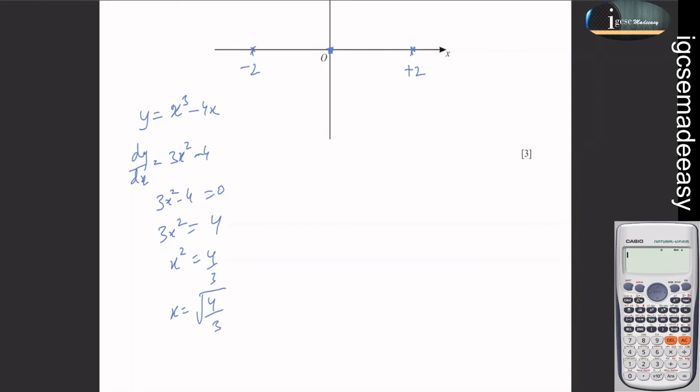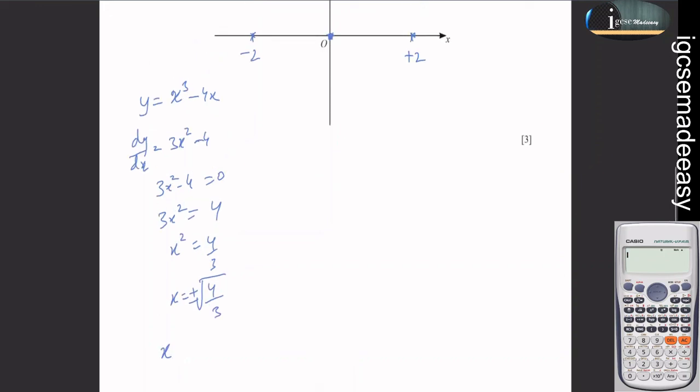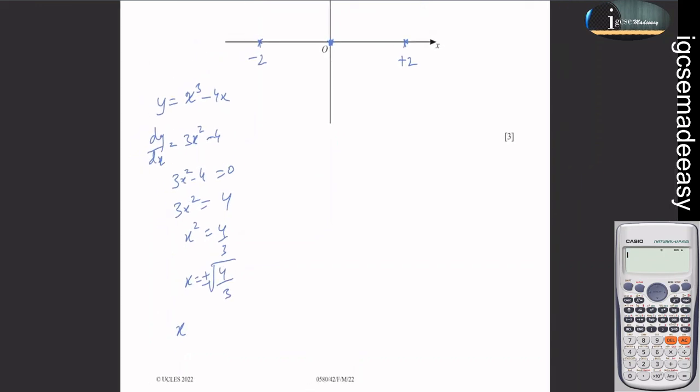But whenever we have a square, we have two values, right? Plus and minus. So here we have two values of x, two turning points. The plus will be the maximum turning point, and the minus, let's check for that. When we take x as plus, it should give me the maximum turning point.